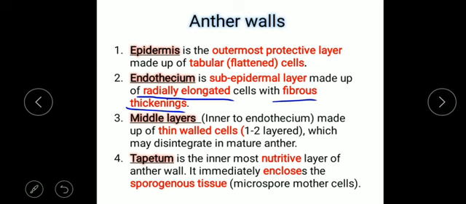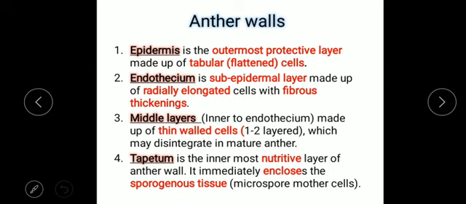So this nature helps the entire anther for dehiscence, so that the pollen grains can be liberated. Just remember that this endothecium layer is made up of cells having cellulose as well as pectin compounds.